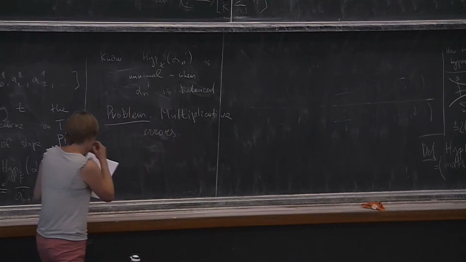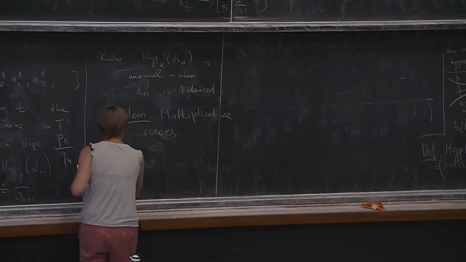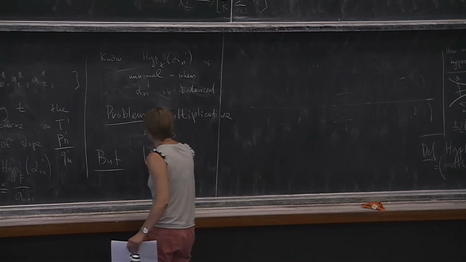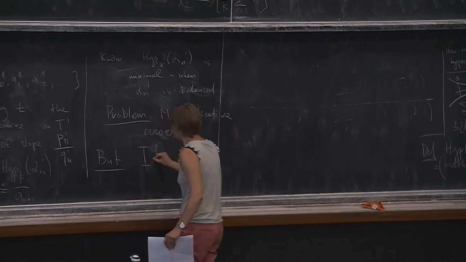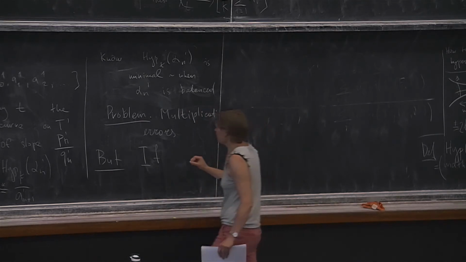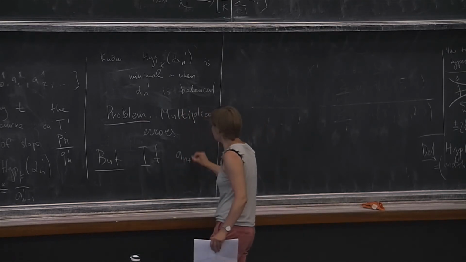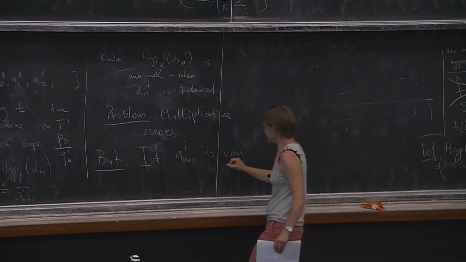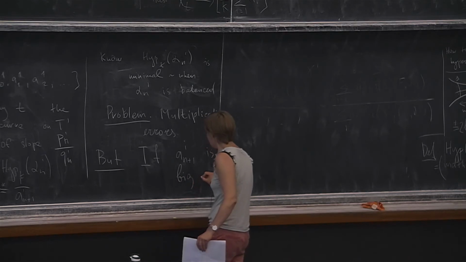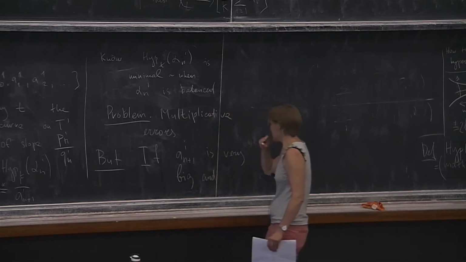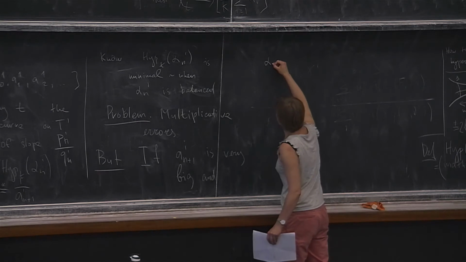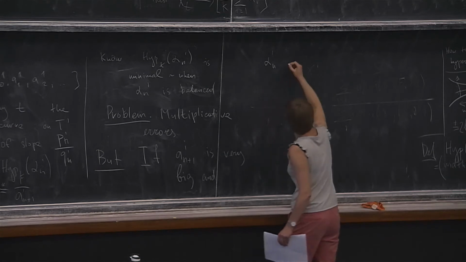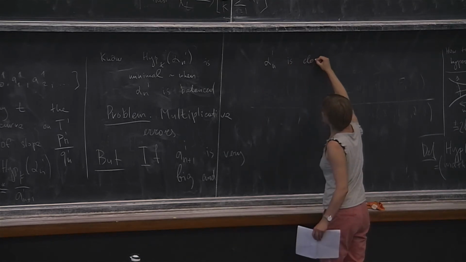Okay. So let's say a n plus 1, these coefficients, is very, very big, and this curve alpha is close to being balanced.